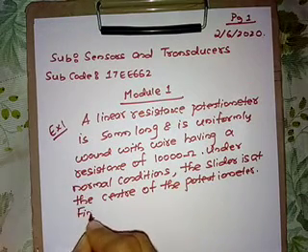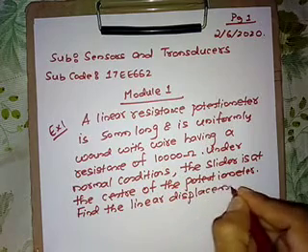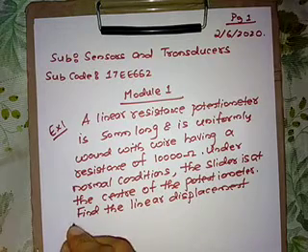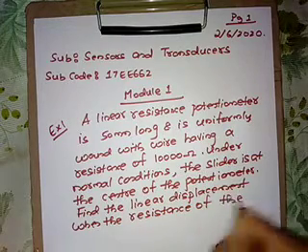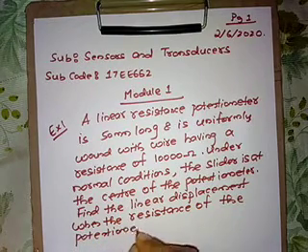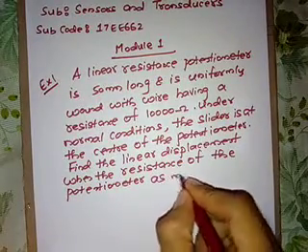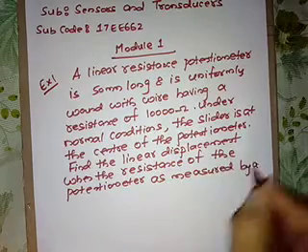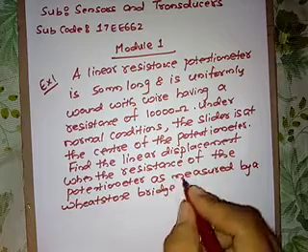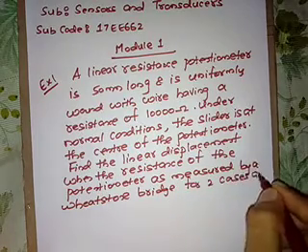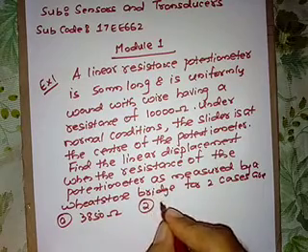Find the linear displacement, that is the displacement value, when the resistance of the potentiometer as measured by a Wheatstone bridge for two cases are: 3850 ohm for the first one, and second one, 7560 ohm.